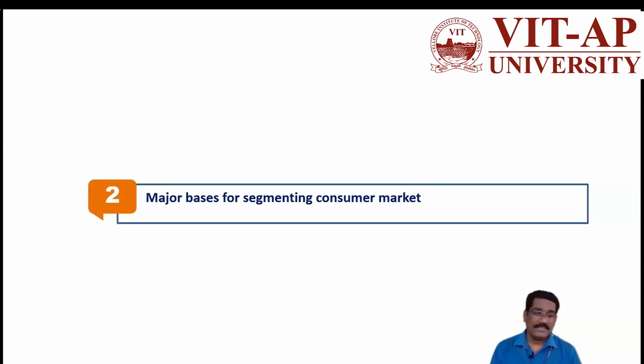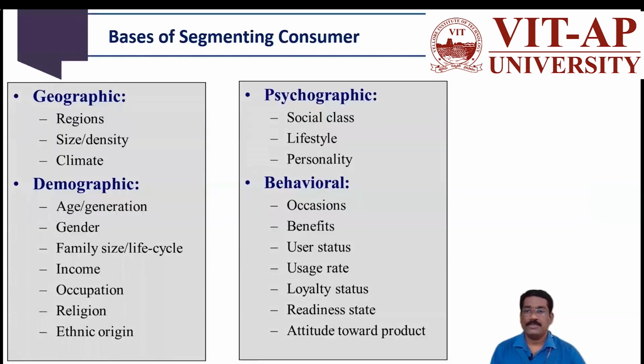Okay, the next discussion for this session is: what are the major bases for segmenting the consumer market? These are the major bases. I will highlight them. One is geographic segmentation: regions, size and density, climate. In demographic, you've got age, gender, family size, income, occupation, religion, ethnic group.